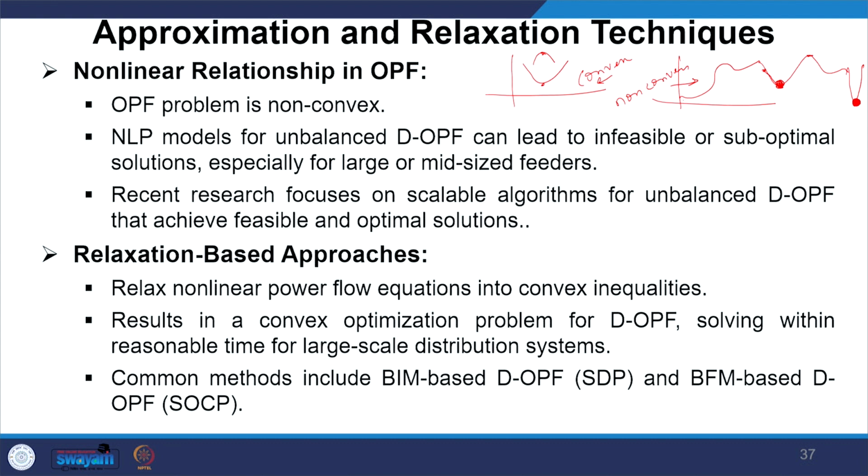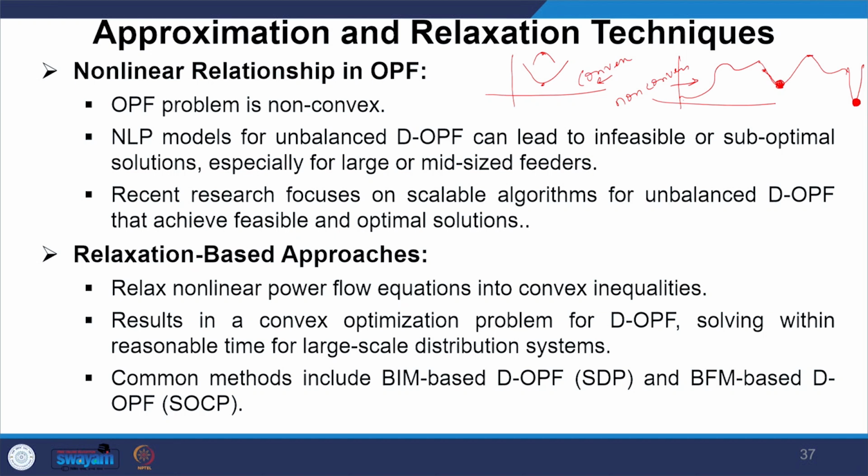So, it is quite important: for non-convex optimal power flow, the mathematical formulation becomes challenging and getting the true solution becomes an issue. So, the NLP model for unbalanced distributed OPF can lead to infeasible or suboptimal solutions, especially for large or mid-size feeders. Recent research focuses on scalable algorithms for unbalanced distributed OPF that achieve feasible and optimal solutions.